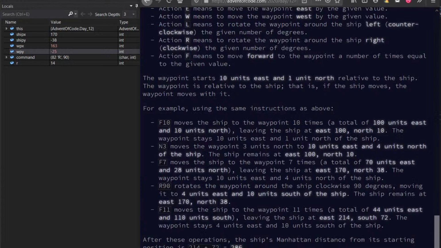So we rotated the waypoint, moving it to 4 units east and 10 units south of the ship. So 170, 4 units east. So it should be 174, but instead we have 163. Okay, so the rotation is not right.